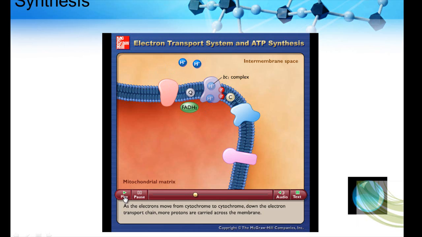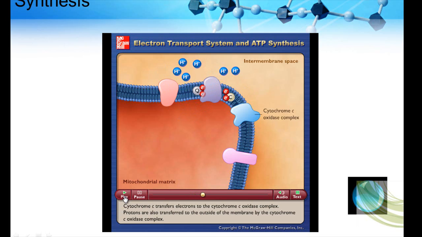And here we used a little more energy, and pumped some more. And so this is going on. What these electrons are being used for is to pump hydrogen ions to this side of this membrane.